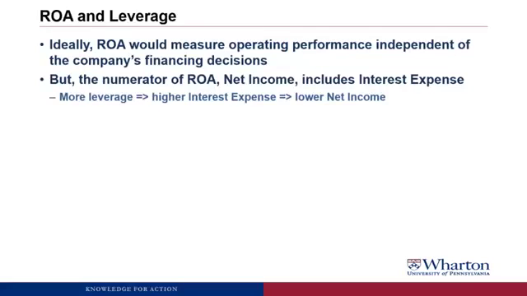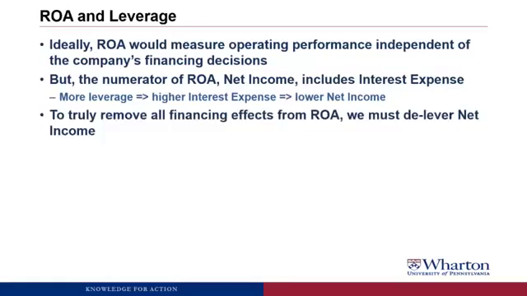The problem is that the numerator of ROA, net income, includes interest expense, which means that the more leverage you have, the more debt you take on, you have a higher interest expense, and interest expense reduces net income. So if we just use net income as the numerator of ROA, it has a leverage effect in it because it includes interest expense.